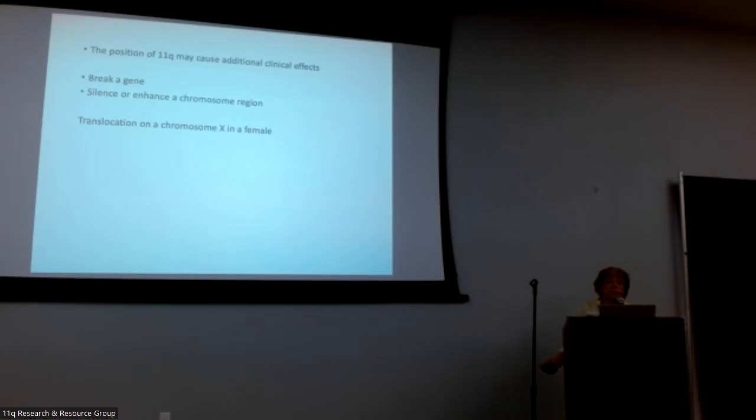The position of chromosome 11q, which is attached onto another chromosome or the chromosome 11 itself, may break a gene, may silence or enhance a chromosome region, and a particular case is translocation of a piece of chromosome 11 onto a chromosome X in a female.